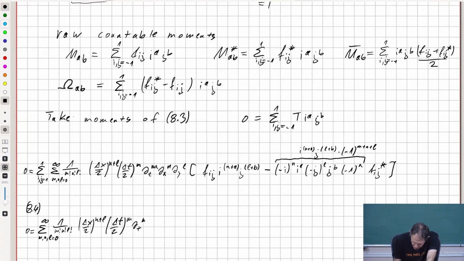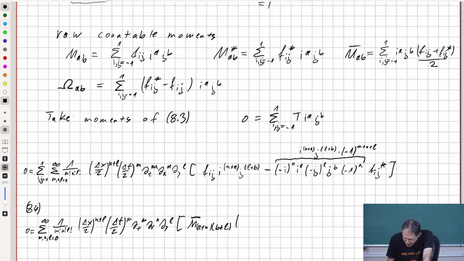Then we have dt m, dx n, dy l. And now comes this moment. So we have M, now it's a plus n, obviously, yeah, because this is the appropriate power in i. Then we have b plus l, and this is now the overbar version, yeah.